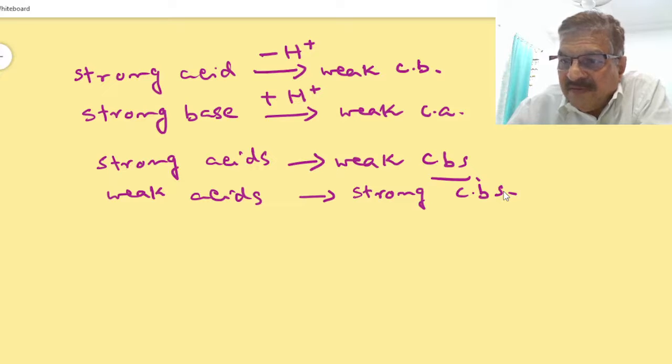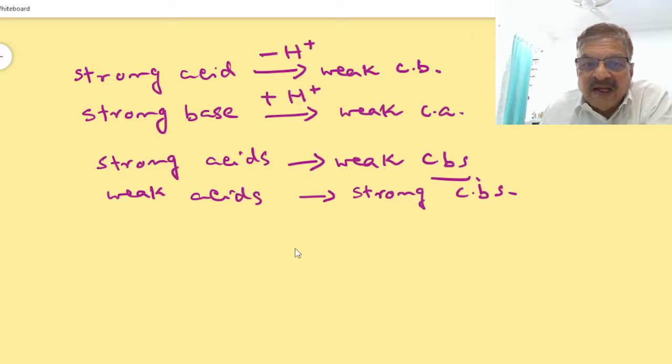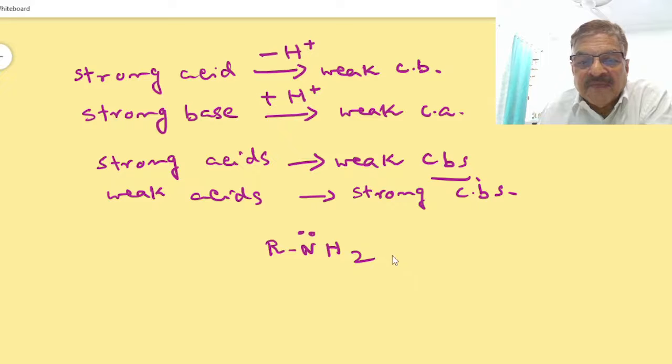Now, in the case of this one, a strong base RNH2, an alkyl amine compound, reacting with an acid, say HA. This kind of reaction is an acid-base reaction only.